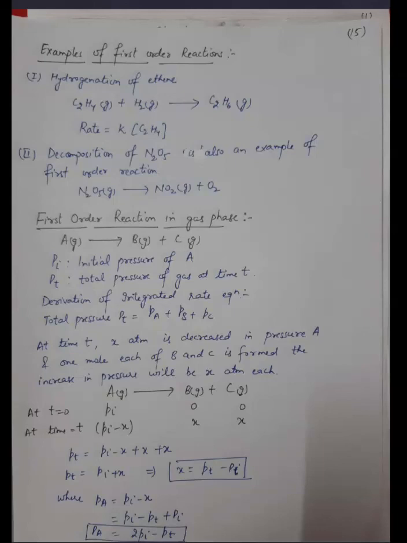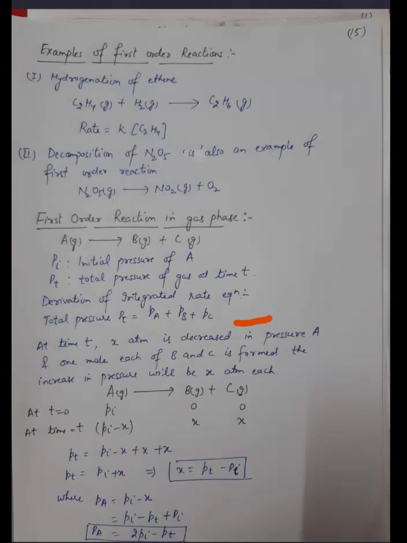A gives B plus C. Let us consider the initial pressure of A is Pi and the total pressure of gas at time t is Pt. So total pressure Pt is equal to Pa plus Pb plus Pc. At time t, x atmosphere is the decrease in pressure of A. If x atmosphere is decreasing in A, then the increase in pressure will be x atm each.